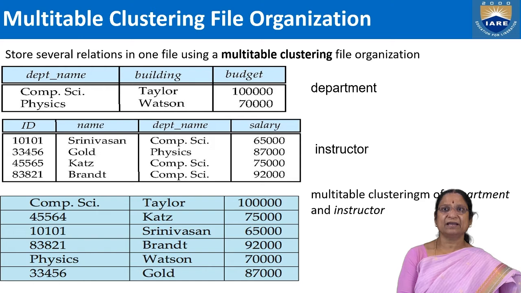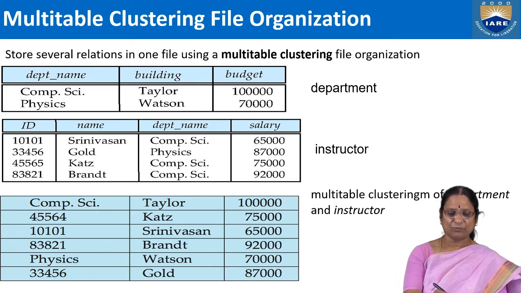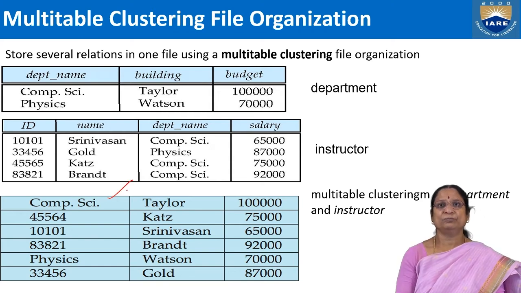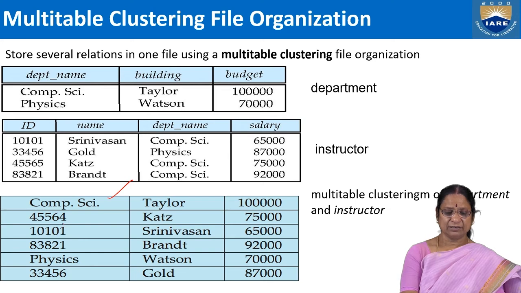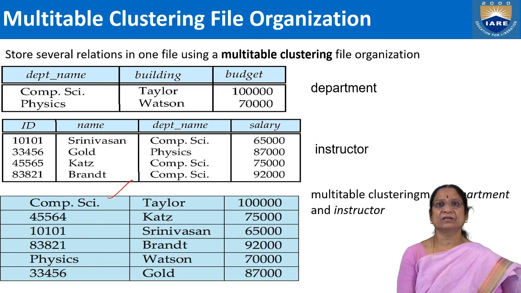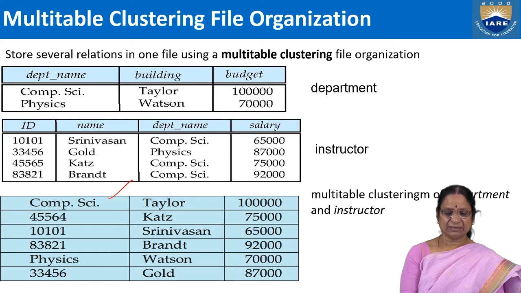So for computer science, all their instructors' details are stored at one location. You observe Taylor, 45564, computer science, and 75,000 salary. Right? Next, Srinivasan.